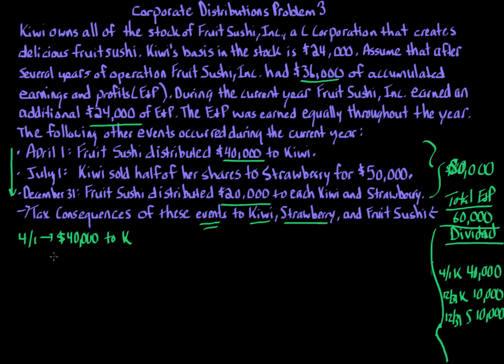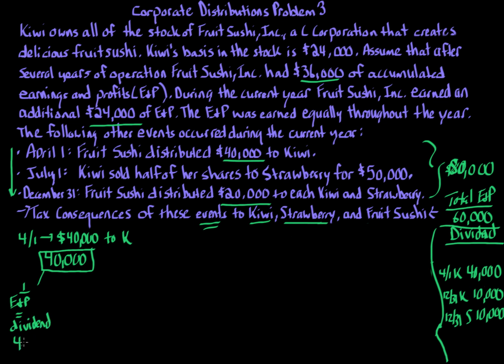So really what we're doing here is taking the $40,000 distribution that we determined from step 1, which was the amount of cash. We know what our dividend is, or our EMP. That's the first part of our waterfall. So the first step in our waterfall is to determine the EMP, because that equals the amount of the dividend, and the amount of the EMP, which is dividend here, is $40,000.